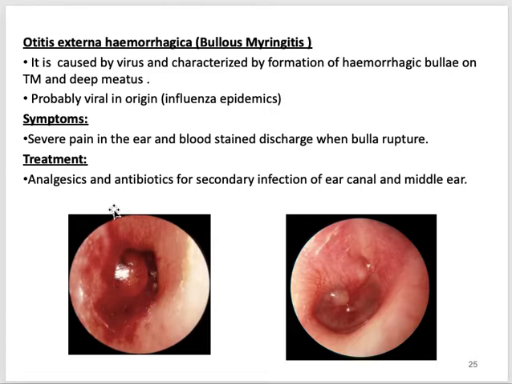And treatment is simply we give them painkillers with antibiotics for secondary infections. So this is otitis externa hemorrhagica.